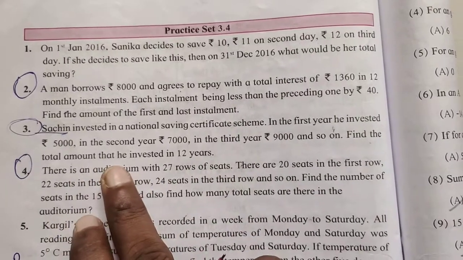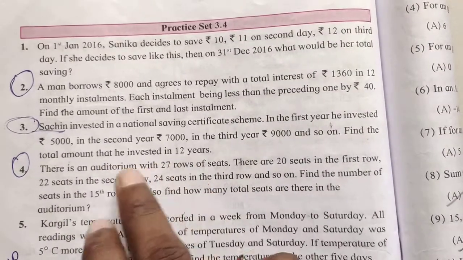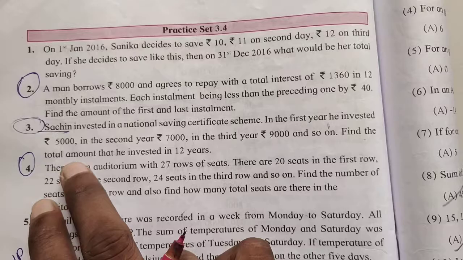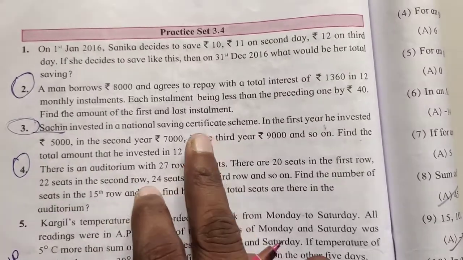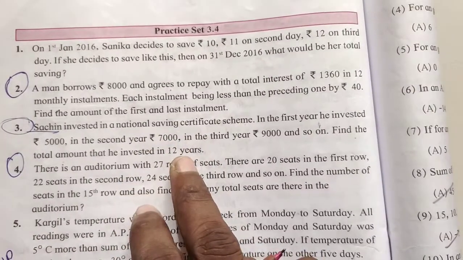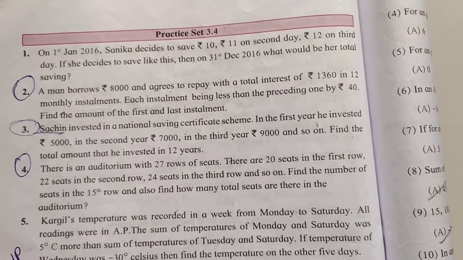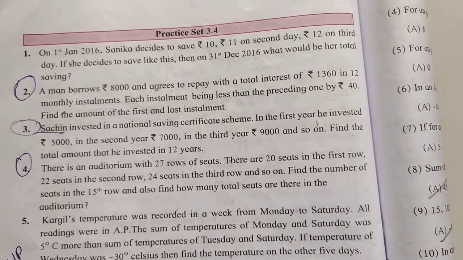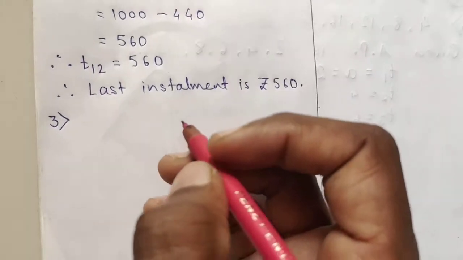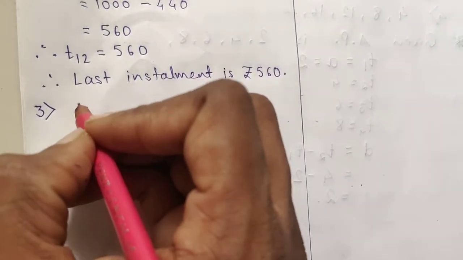Find the total amount that he invested in 12 years. So again we have to find out the total, so the SN formula, and 12 years, so N is equal to 12. So we know N, we know it is an AP, so we need to find out S12. So let us do that. What is given to us? Investments, right?